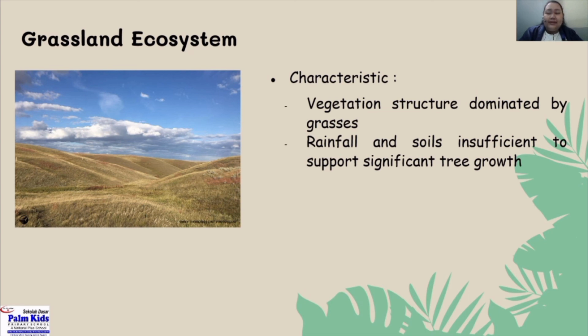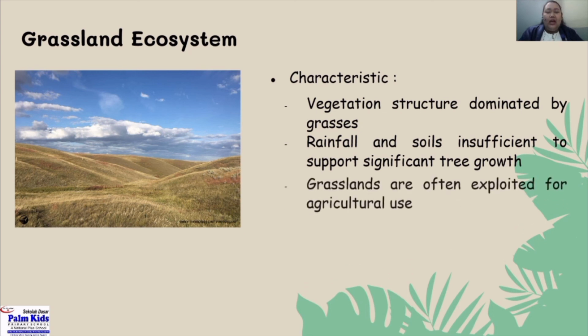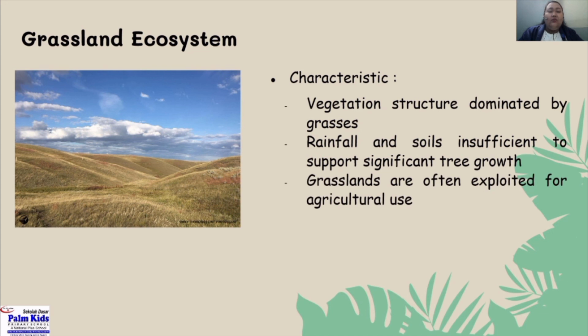So as you can see in the picture, there is no tree because the rainfall is insufficient to support tree growth. Okay, grasslands are often exploited for agricultural use.